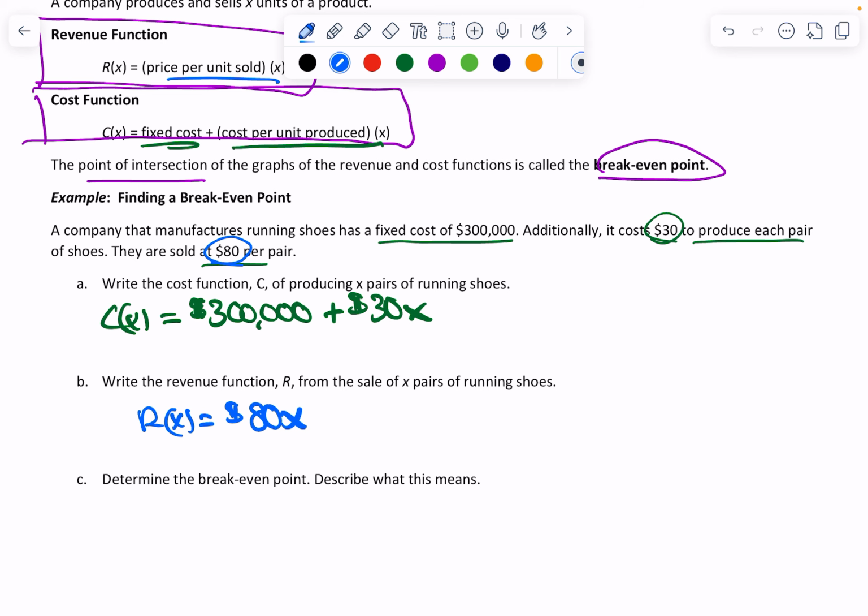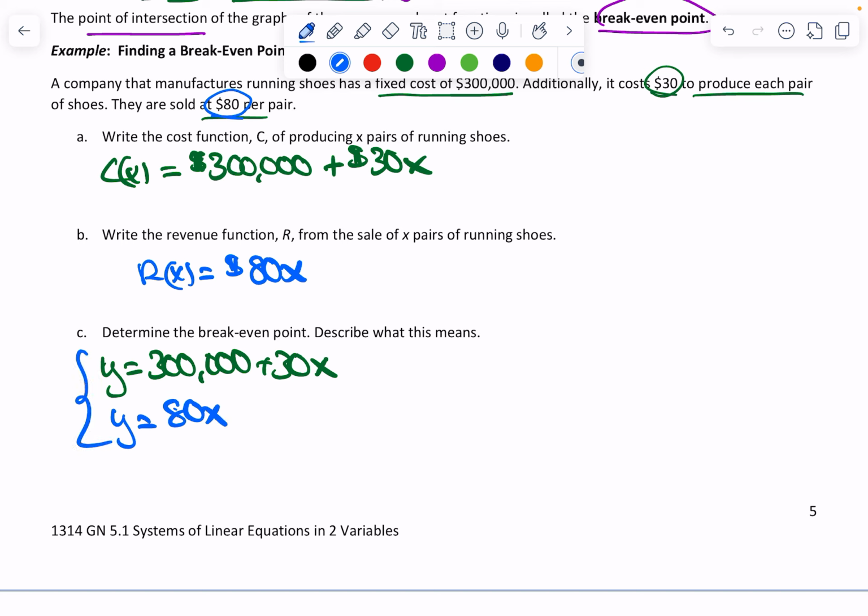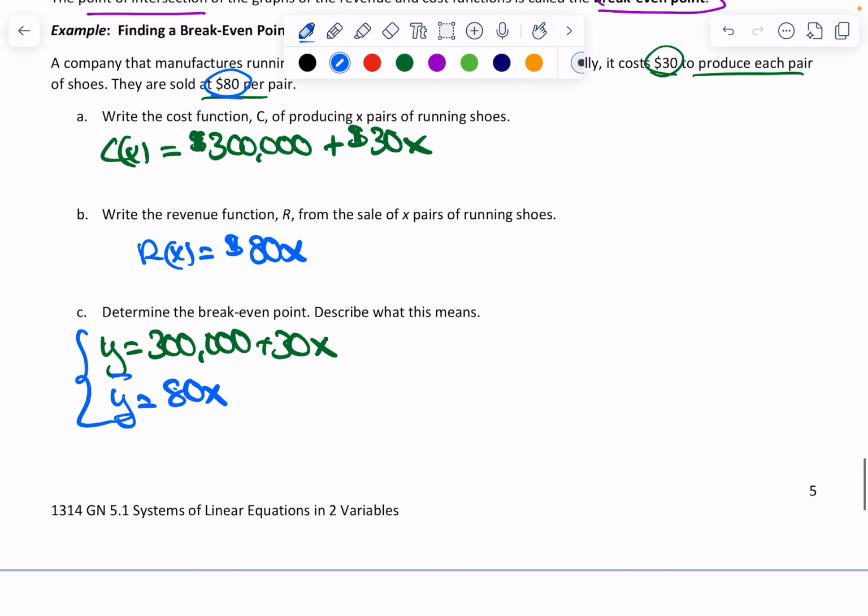Now we need to determine the break-even point and describe what it means. So we're going to do a system of equations here. We're going to write the cost function, y equals 300,000 plus 30x, and then the revenue function, y equals 80x. We have a system of two linear equations right now. We have a y and a y, so we can set these equal.